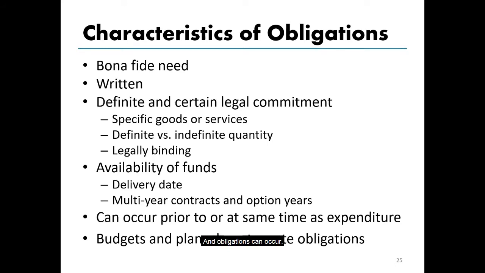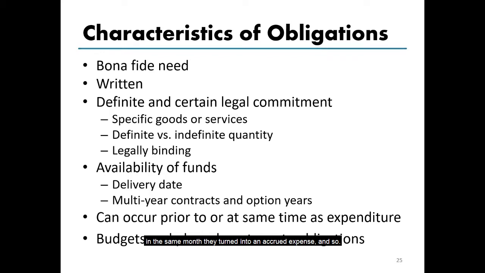And obligations can occur at the same time as an expenditure, or prior to it. So, if you order some goods or services this month and receive them, at the time you ordered them, you had an obligation, but if you received them the same month, they turned into an accrued expense.